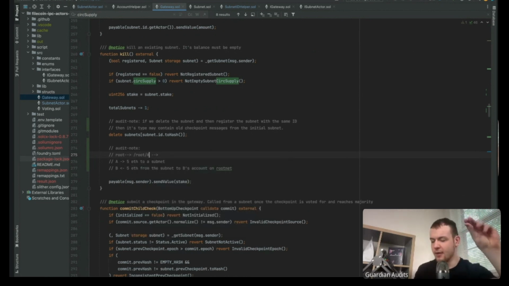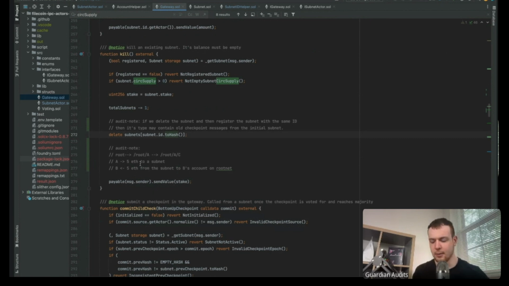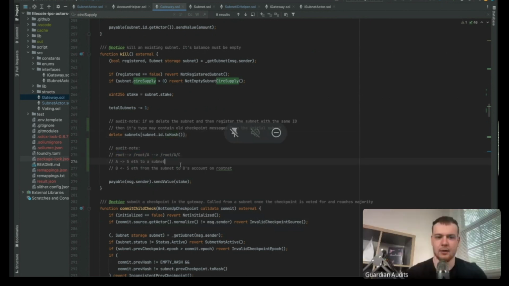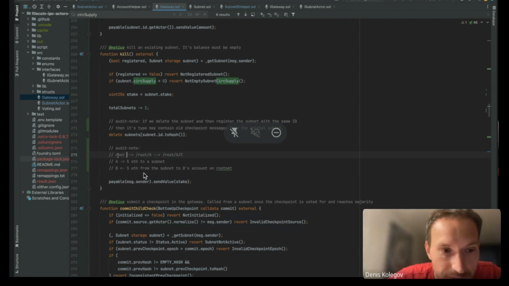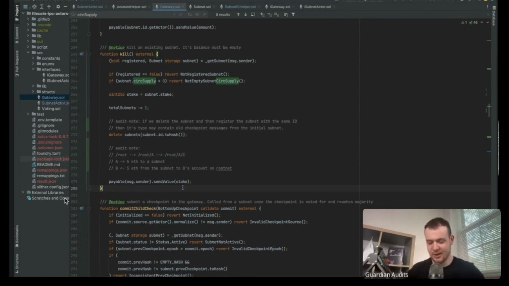She sends that and it goes all the way down to the subnet at the bottom, right? So now there's 5 ether circulating supply on the subnet all the way at the bottom. Sorry, do you mean this structure? Yeah, exactly. I can even pull up a whiteboard and we can map it out if I'm not explaining it perfectly, but that makes perfect sense to me.